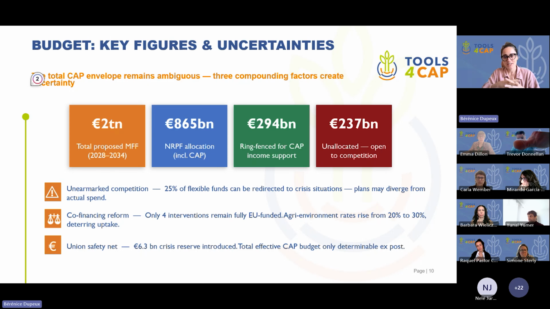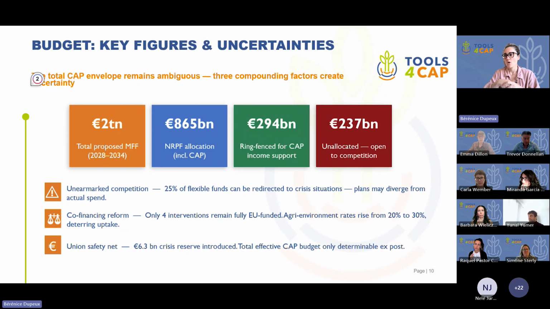And we have a part of the CAP that is ring-fenced, and a part that is unearmarked. This unearmarked part has some flexibility, because 25% of this fund can be redirected towards crisis situations.